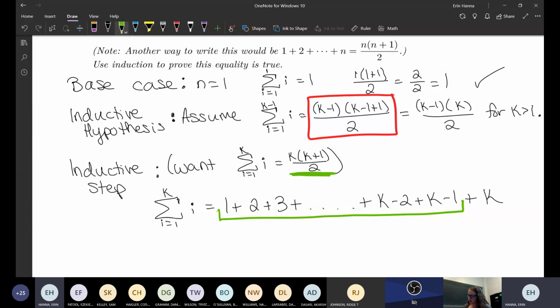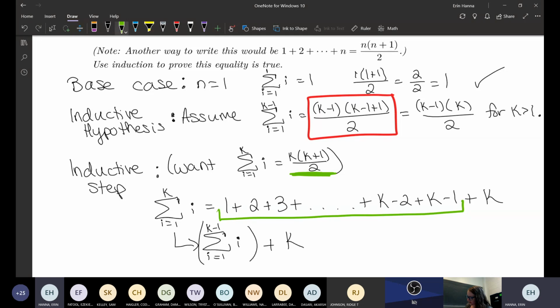Also, the other way you can think about it, if you don't want to write it out like that, remember that we defined these sigma sums recursively, if you look back a couple sections. So we could take this down to k minus 1 and then add on just that last value of k.